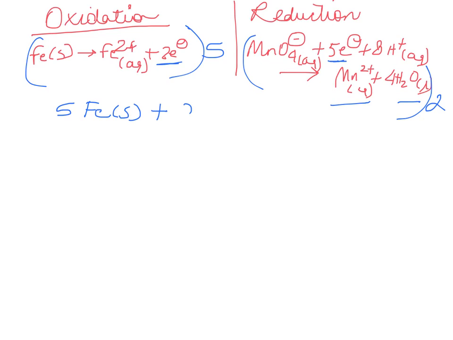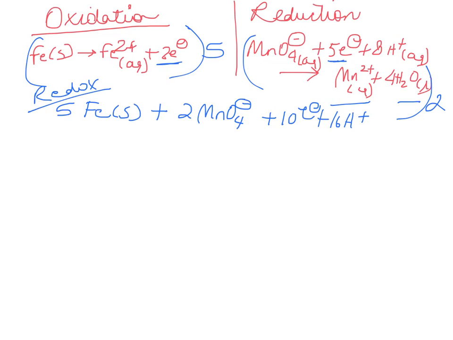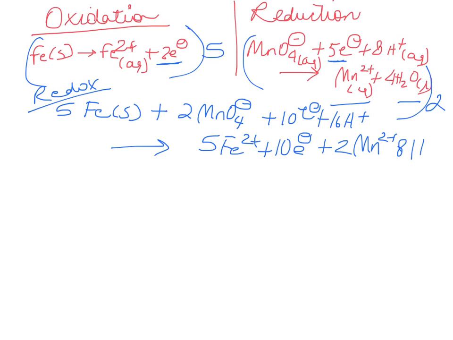I'm going to do two steps together: multiply and add both equations to get the overall redox. So 2 MnO4- plus 10 electrons plus 16 protons gives you 5 Fe2+ plus 10 electrons plus 2 Mn2+ plus 8 water.